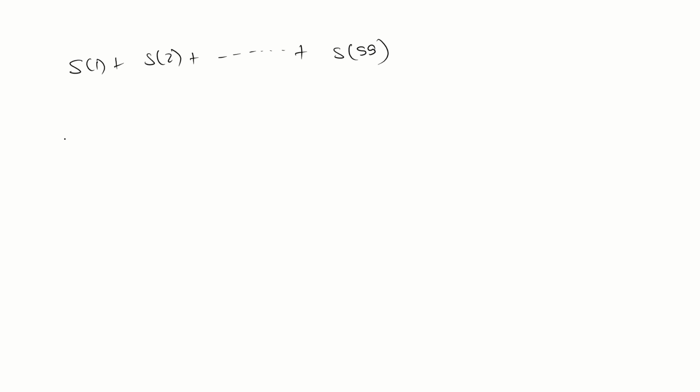It means that suppose if you take the values S1, S2 till S9, so we will get what? 1 plus 2 plus 3 plus dot dot plus 9.